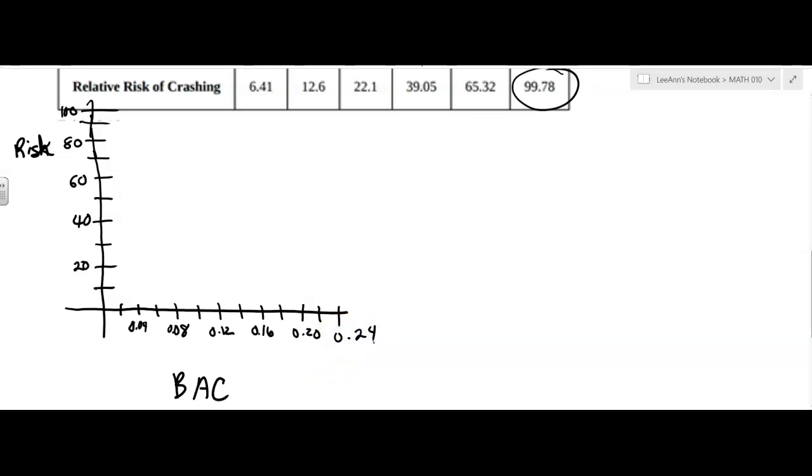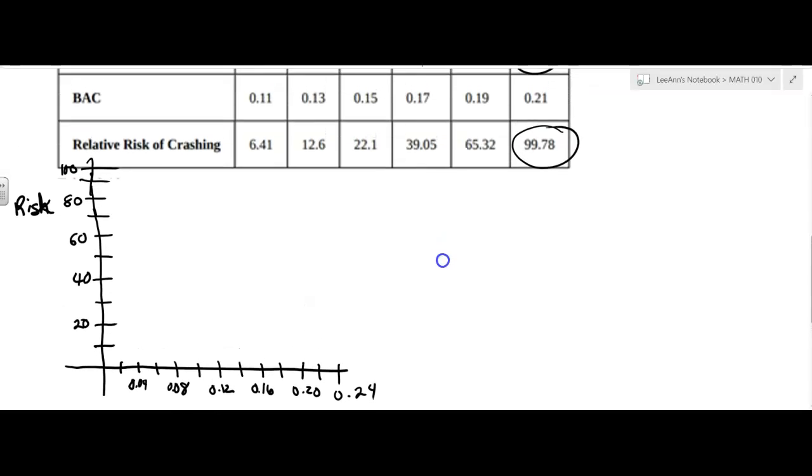Okay, that's how I'm going to go ahead and label them. I'm skipping every other line just because it gets all crammed in there and you can't read it otherwise.